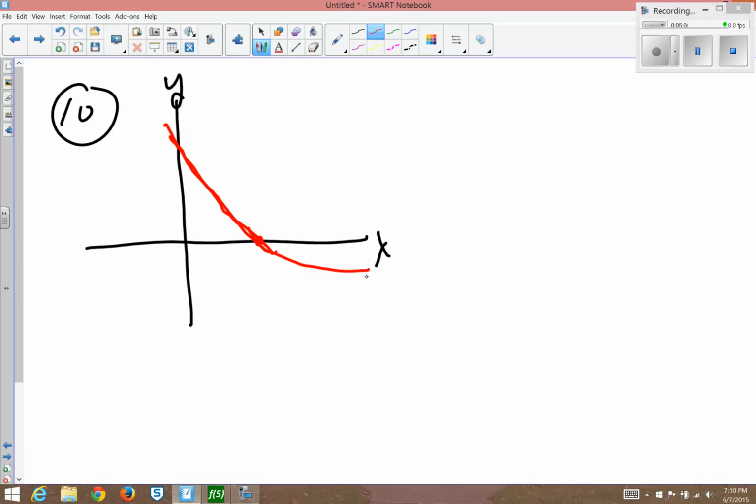This entire red thing is decreasing and has a concave up shape, the entire graph, at least the part that's visible. So from what's given, f of 2 is 0, just meaning 2, 0 is one of the points on this function: when x is 2, y is 0.